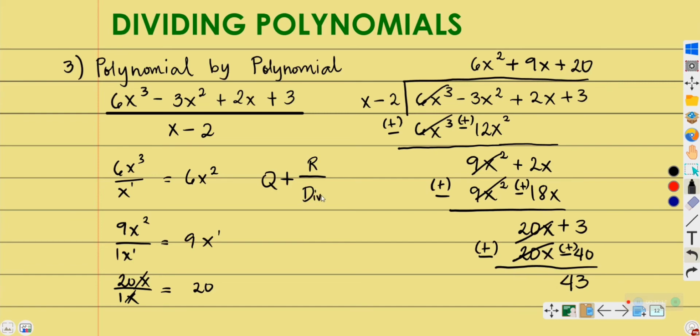Divisor. Remainder. Yan. Okay? So, ganyan po. Maglalagay lang tayo ng plus sa unahan. Okay? Unlike yung number na hindi na kailangan lagyan ng plus sa unahan, ito kailangan merong plus sa unahan ng fraction.